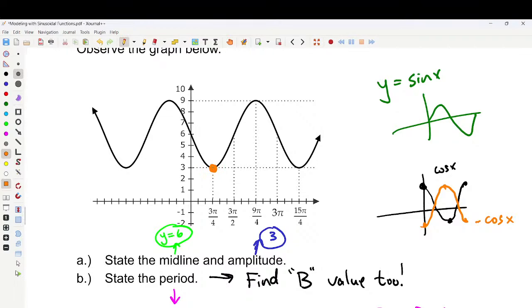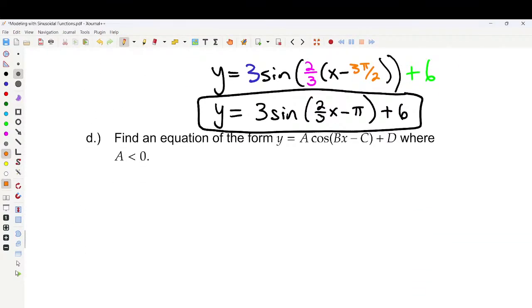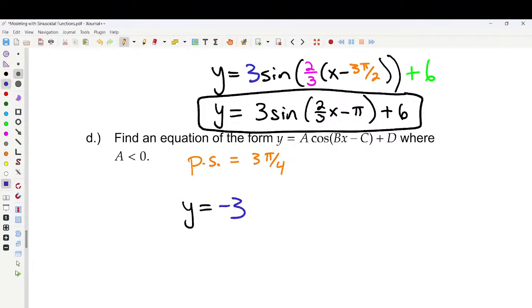Right there. There's a minimum. It's not starting on the y-axis. It's been shifted over 3 pi over 4. So it says negative amplitude, which means we're starting at a minimum. Just make sure you write your negative in your final answer.